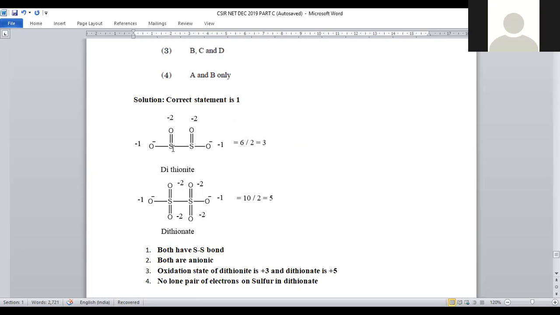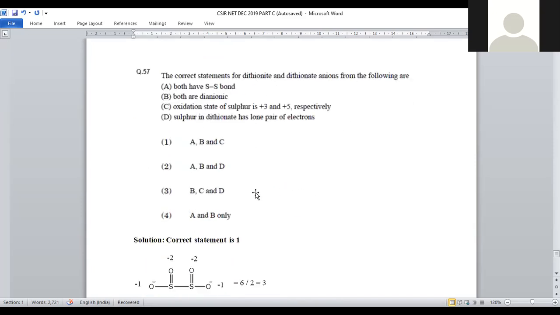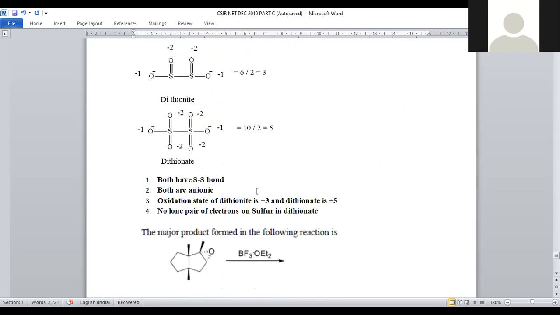How many sulfurs have to contribute? Two sulfurs have to contribute, so 6 by 2 is 3. Each sulfur is associated with a +3 oxidation state in dithionite. Dithionite has fewer oxygen atoms. When we take dithionate, S double bond O will be there, and the other S also has a double bond O, and more O minus charges will be present on the sulfur.